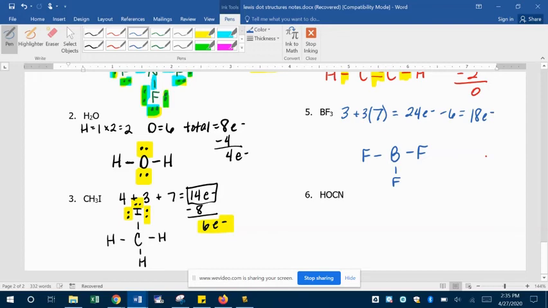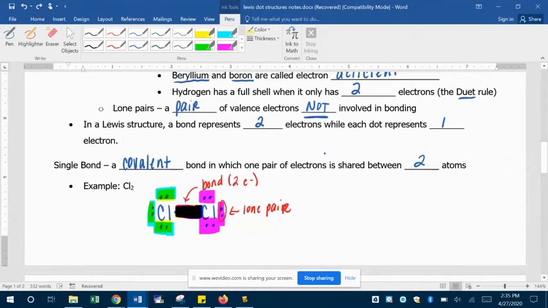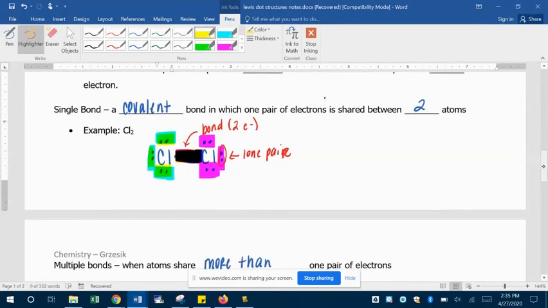Let's look at how many I might need. Each of my fluorines has 1 bond and then needs 6 more. So 6 times 3, I need 18 for my fluorines. And it looks like boron has 2, 4, 6. So you might think boron needs 2 more valence electrons. However, if you remember from our notes up here, boron is an example of an element that is okay being electron deficient.